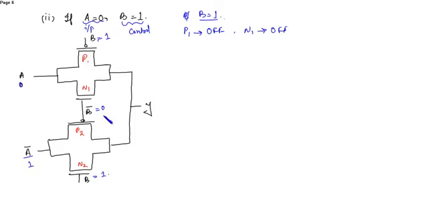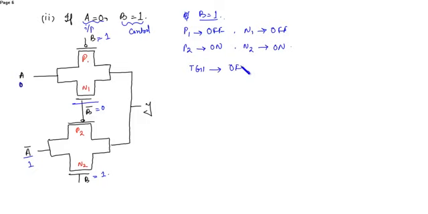Now 0 is applied at PMOS 2, so P2 will turn on and B is 1, that is N2. At N2, 1 is applied, so this will activate N2. This will also turn on. So now what happened?